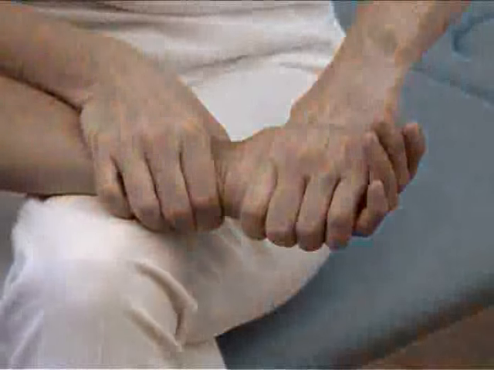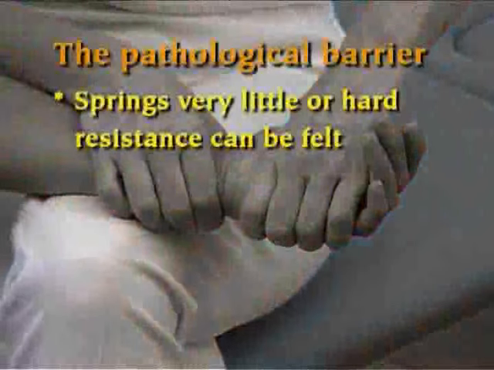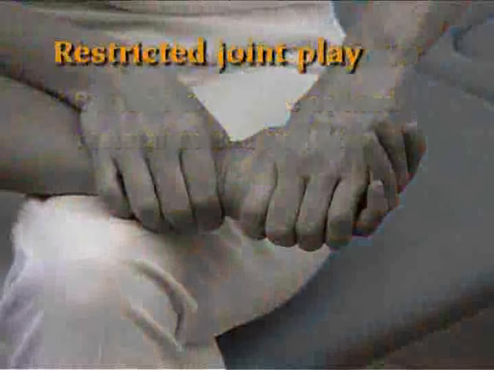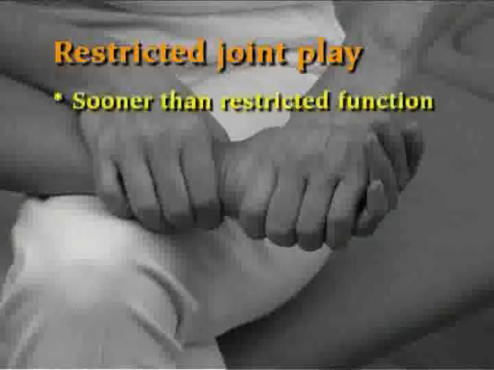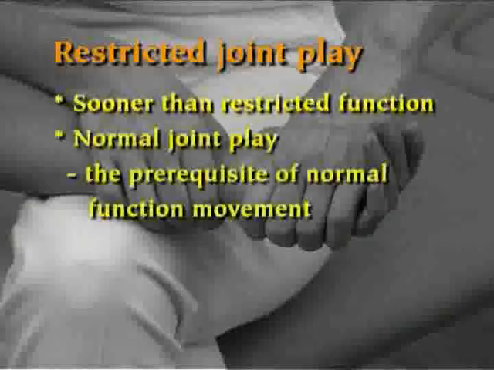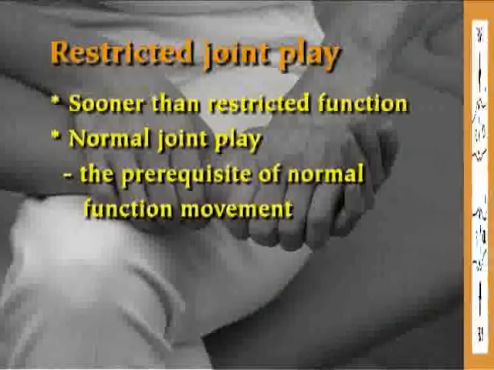The pathological barrier, on the other hand, springs very little. Thus, a hard resistance can be felt. The diagnosis of disturbed joint play is particularly important because it can be made much sooner than that of restricted function movement. This also implies that normal joint play is a prerequisite of normal function movement.